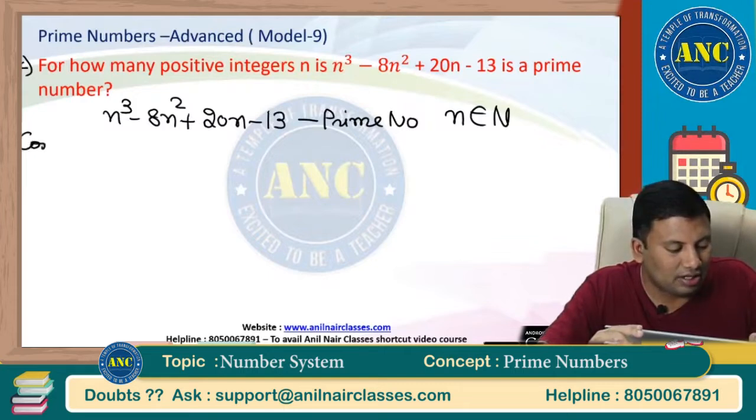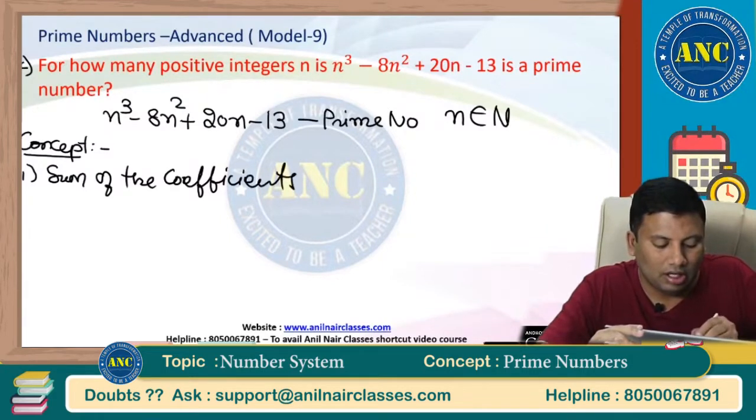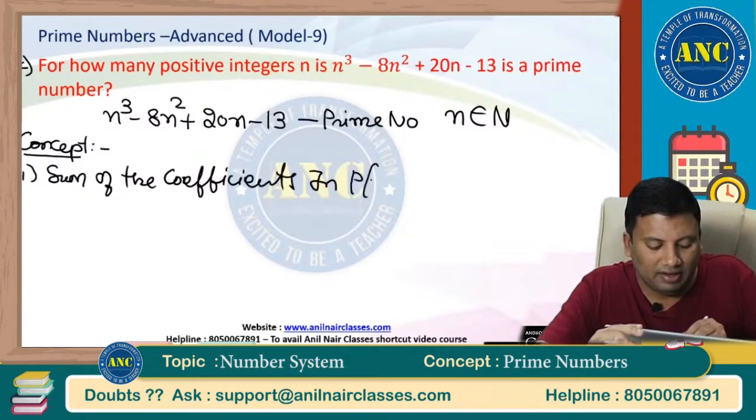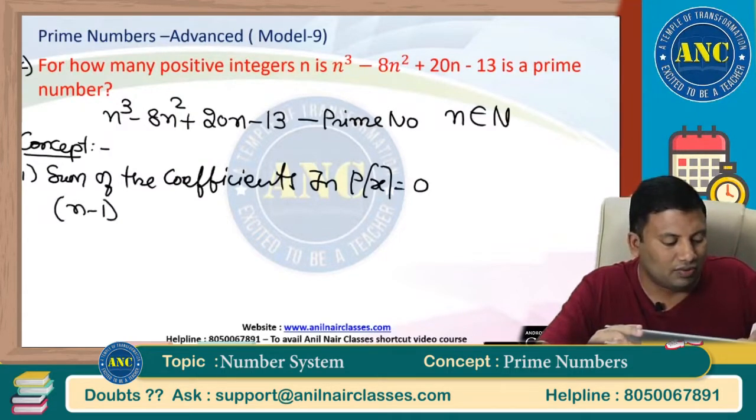first write down the concept. First see the concept. If the sum of the coefficients in P of x is equal to 0, then n minus 1 is a factor.